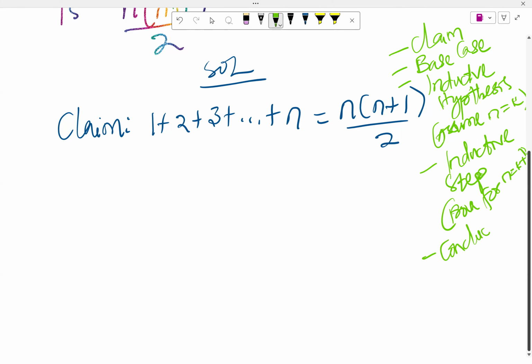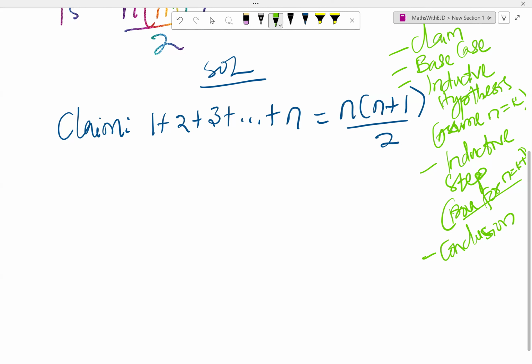Once you're able to get it right here, then you can make the conclusion that the claim is true for all integers, or whatever situation you are dealing with. So you have a claim, you do the base case, you do the inductive hypothesis, you do the inductive step, and you have a conclusion. So 1, 2, 3, 4, 5 now. Okay, so let's do this.